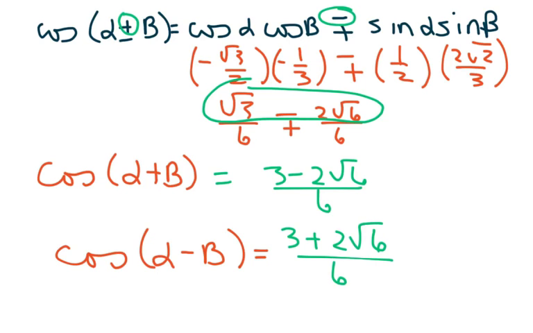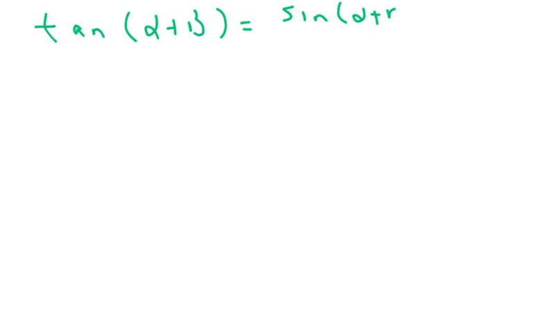Okay, now we're going to do tangent using these two values along with the sine of alpha plus and minus beta. So write these down. The first one we're going to do is tan of alpha plus beta, which is sine of alpha plus beta over cosine of alpha plus beta.